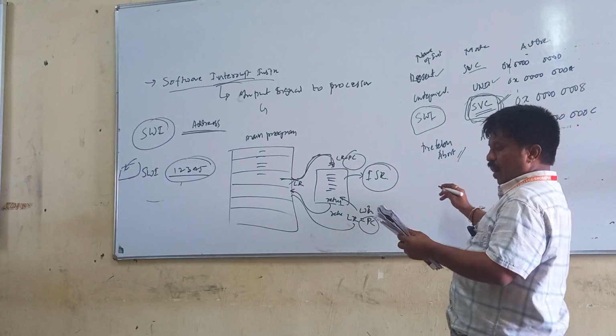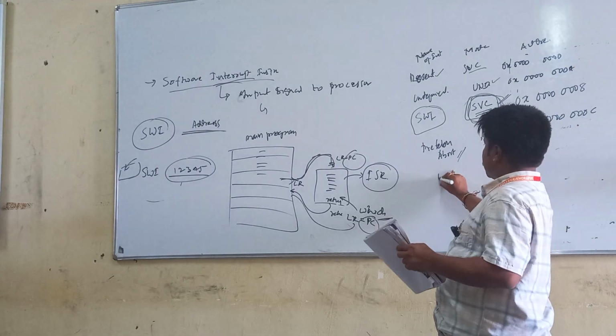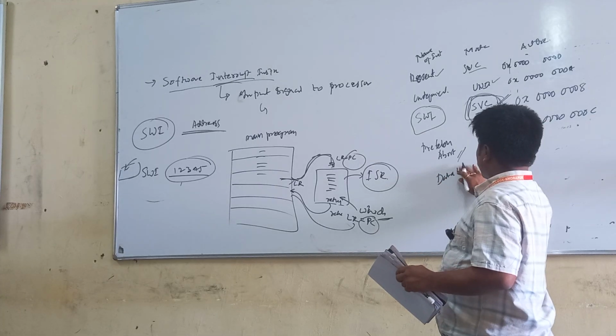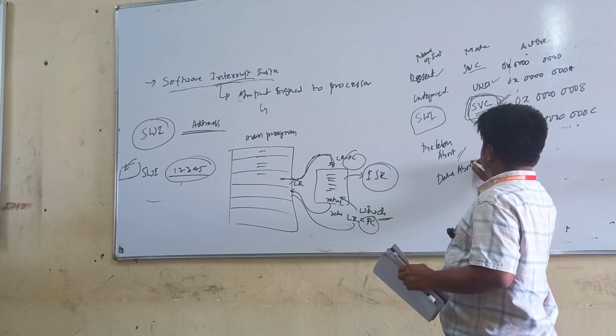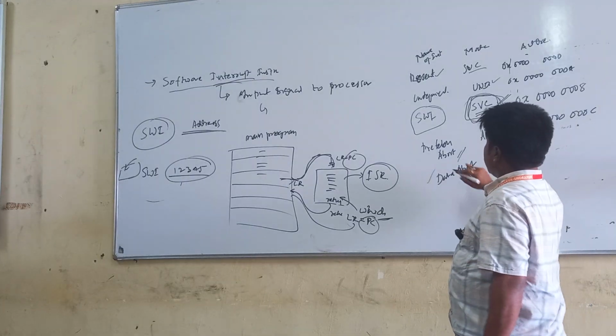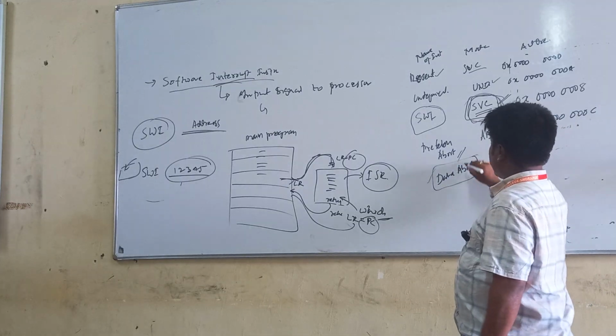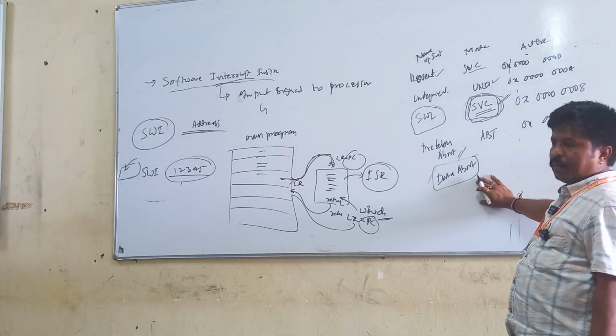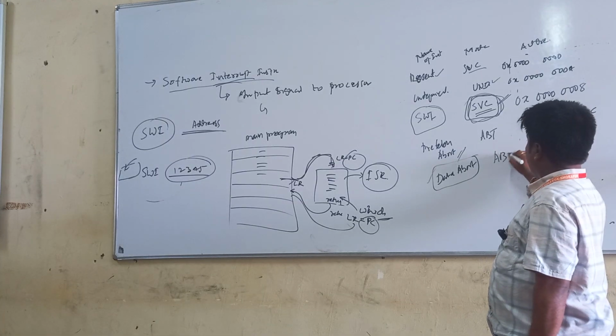Like this we have a separate one, the data abort, which is also one of the interrupts. If my processor is running the data abort interrupt, then the processor will move to the abort mode.